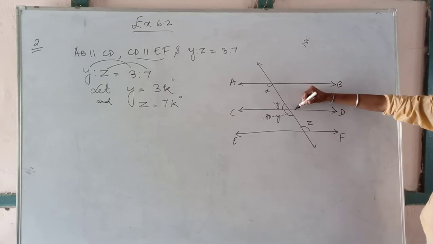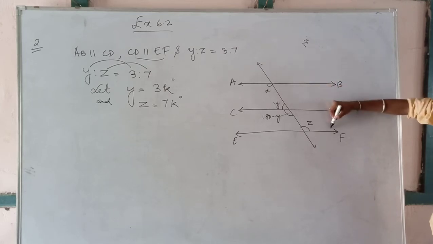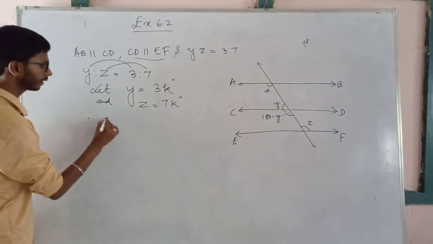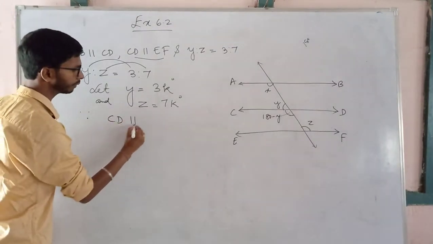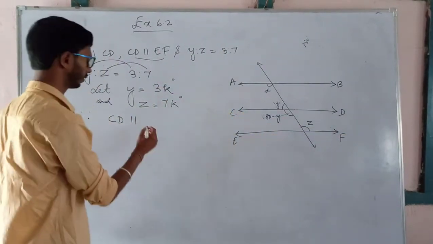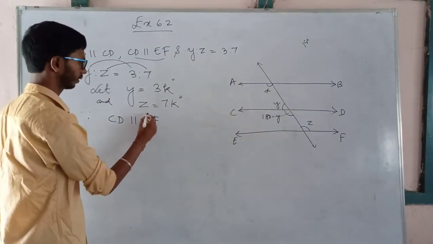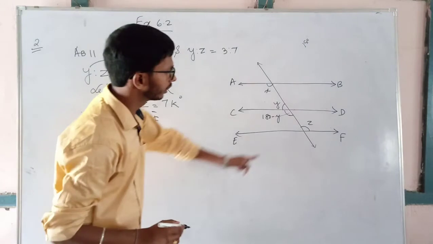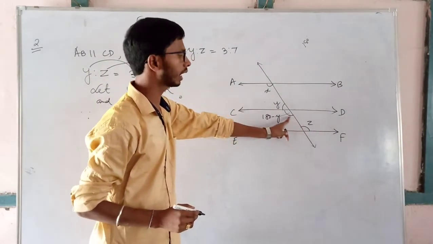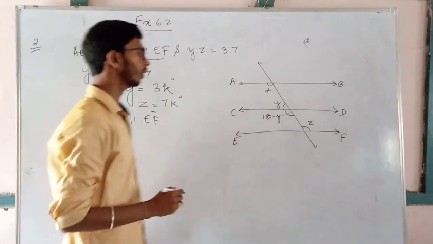Now as because CD is parallel to EF, you can write here, since CD is parallel to EF, what we can write? These two angles are also equal, as because both are interior alternate angles.